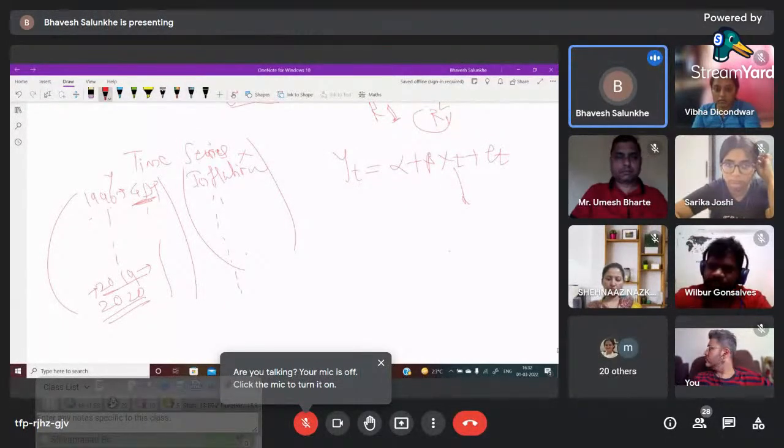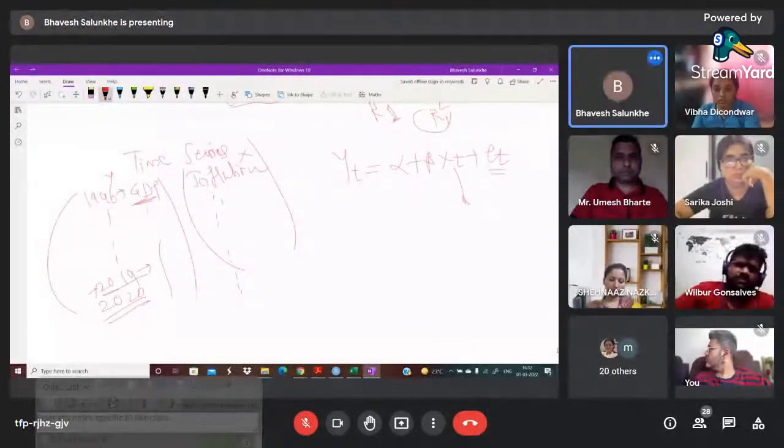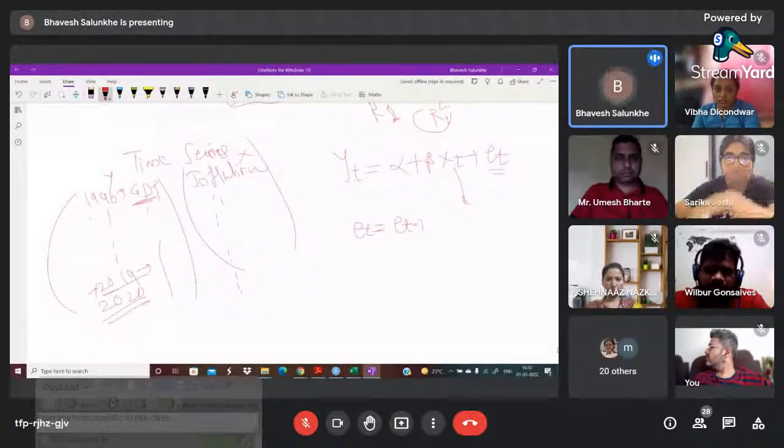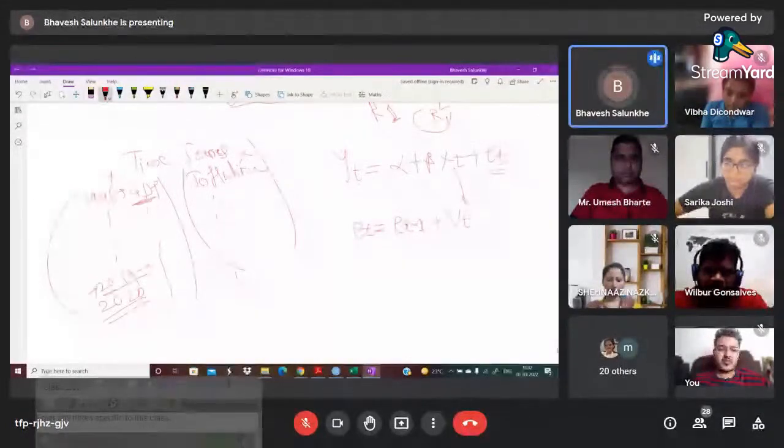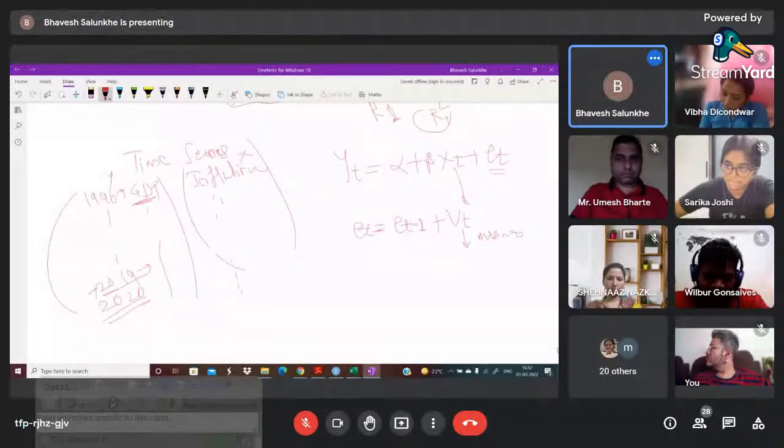Suppose this is the regression model. This error term is actually determined by its previous value, that is the value in the previous period, plus some white noise error term. Now this error term v_t has mean zero, constant variance, and all the remaining properties are satisfied by this v_t.